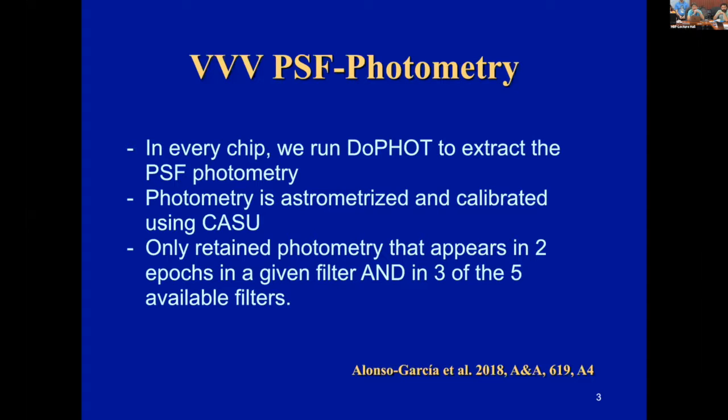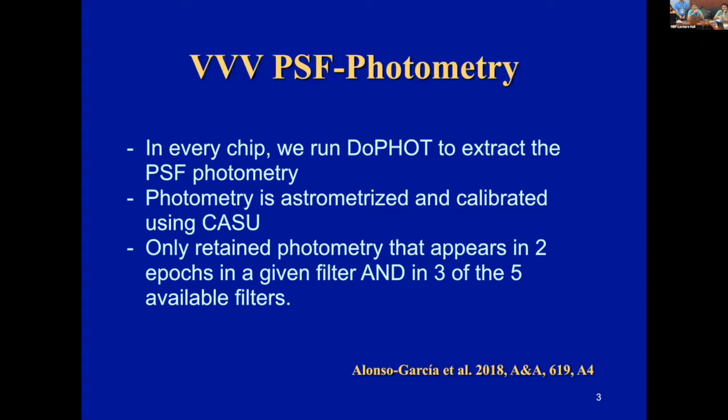Then all of this photometry was astrometrized and calibrated using the CASU aperture photometry information and the astrometric information provided in the images by CASU. And in the end, we cross-correlate all the photometry from the different filters.